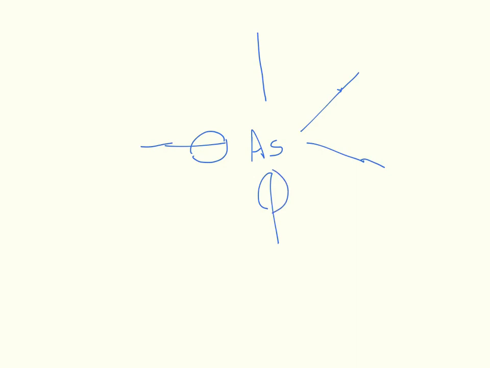Okay, so here is a contour diagram. Arsenic is going to be the central atom. And then we have to draw a line straight up and down, and then to the side, and then at an angle. Next, we're going to draw 5 orbitals called the sp3d.